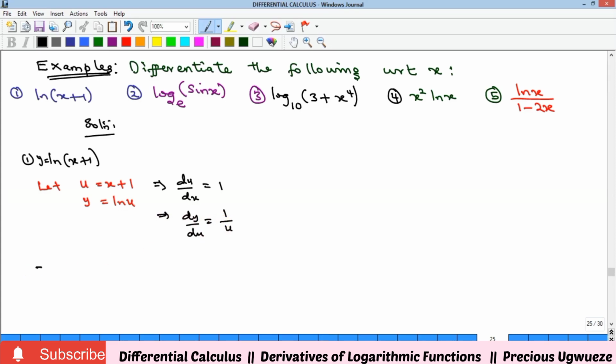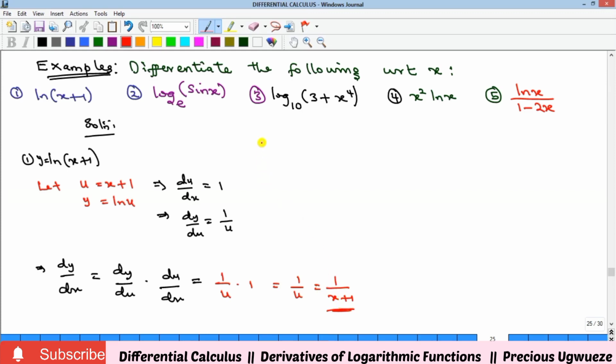So that means that our dy dx is equal to dy with respect to u multiplied by du with respect to x. Alright, so if you substitute here, then we are going to have 1 all over u multiplied by 1, which is du dx, and that is going to give you your solution as 1 all over u, whereas we know that our u is x plus 1, and so this is your derivative.